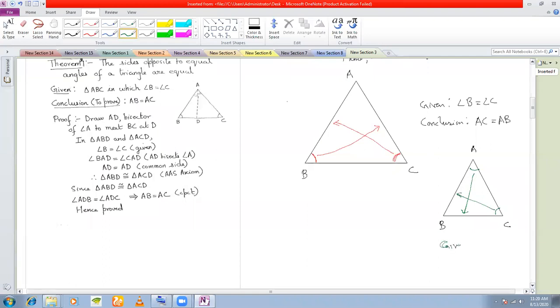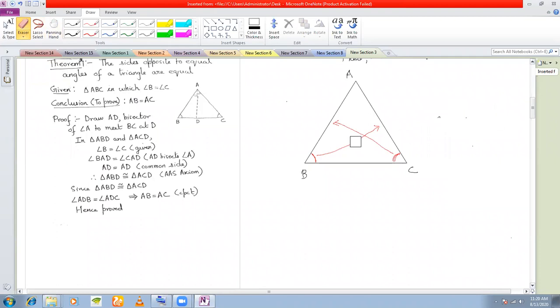So given here would be angle C is equal to angle A, and my conclusion here would be AB is equal to AC. Understood? So depending on the angle, we'll decide which sides are equal. So we'll continue with the proof of this. Okay. See how to prove this.